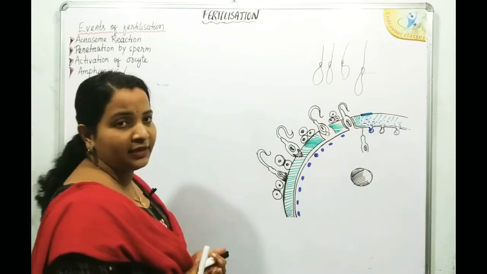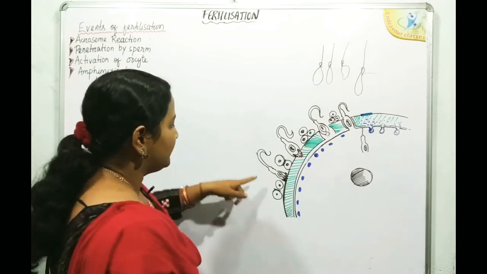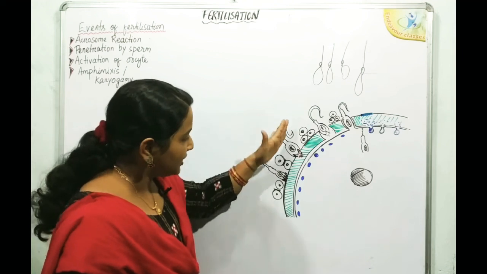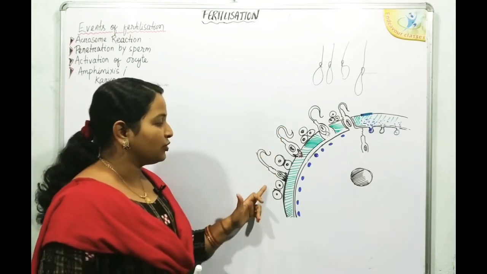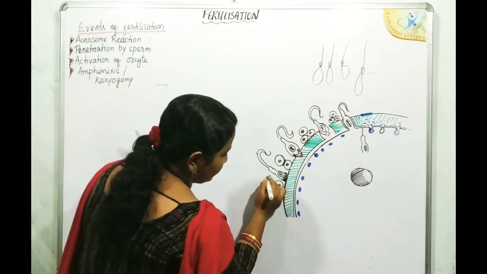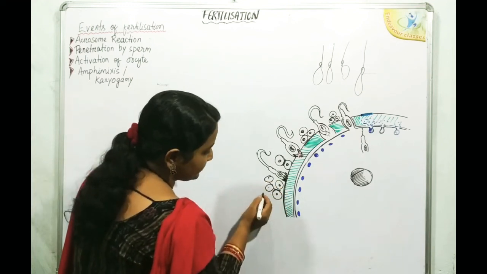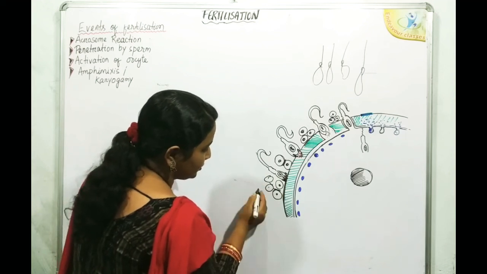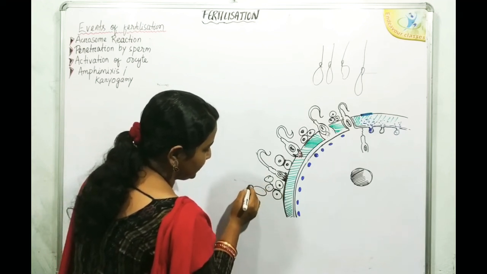So what will happen now? This is the first sperm which has reached the surface of the corona radiata cells.